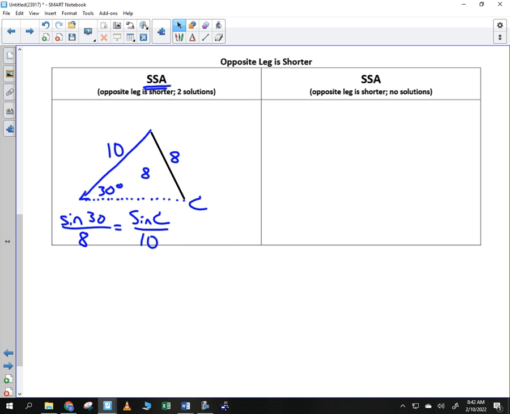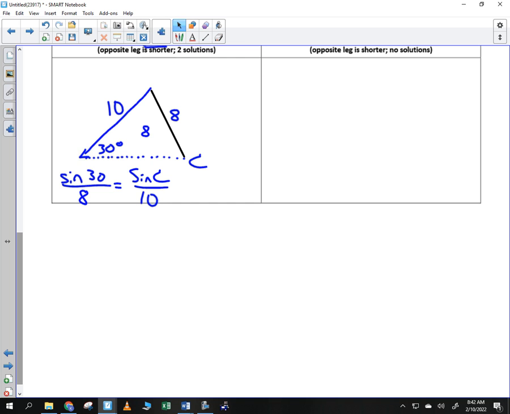As you look at this angle, do you think that angle is smaller than 90 degrees or bigger than 90 degrees? It's smaller. Watch what happens when we solve for C. I'm going to multiply both sides by 10. And when I do, I get 10 sine of 30 over 8 is equal to the sine of C.